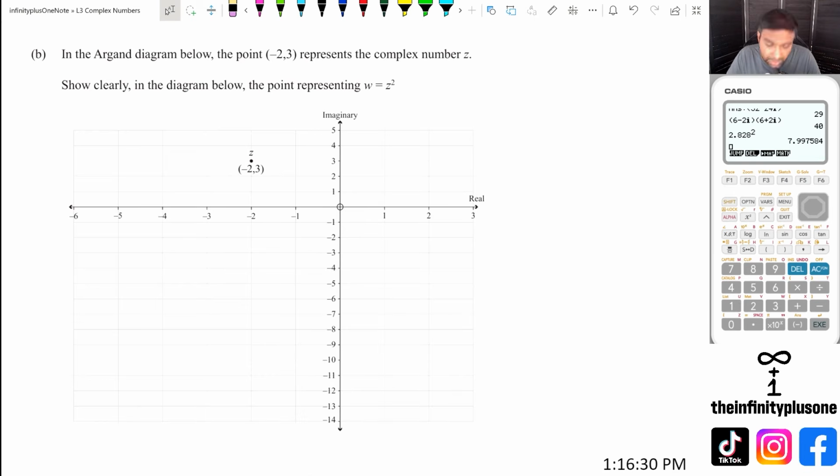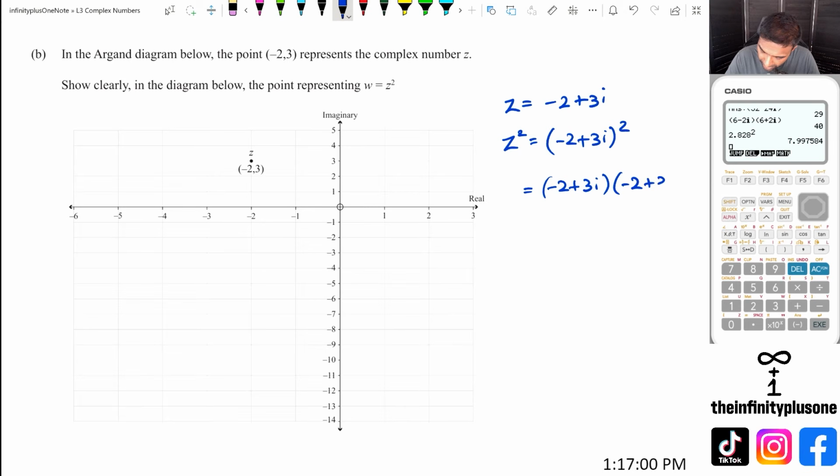In the Argand diagram, the point -2, 3 represents a complex number. Show clearly the point representing w, which equals z squared. So I guess we've got to work out what z squared is. Because if z is equal to -2 plus 3i, z squared is equal to -2 plus 3i squared, which equals -2 plus 3i times -2 plus 3i.